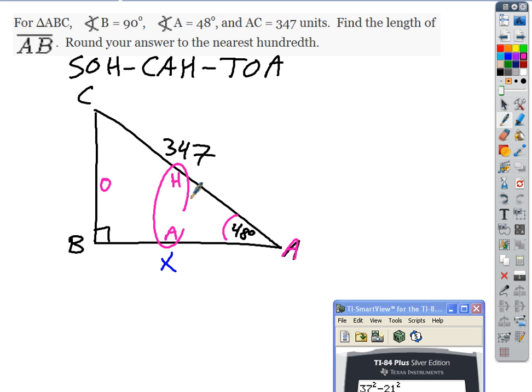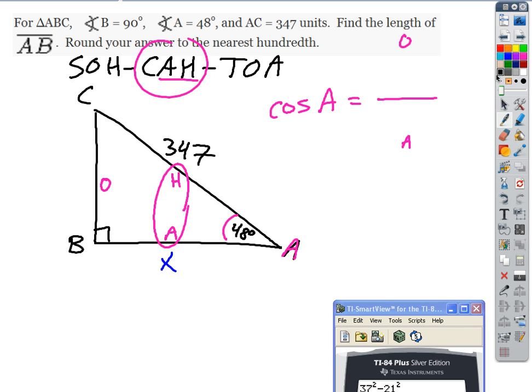So we're just going to say then that the cosine of the angle we're focusing on, from the perspective of angle A, equals the ratio of opposite over adjacent. Sorry, that's not right. Strike that.